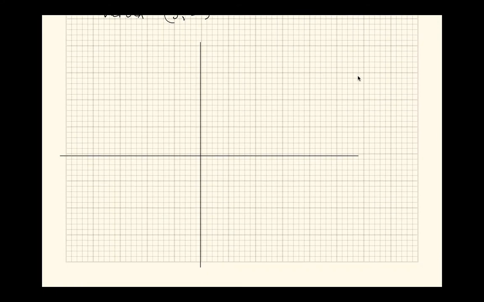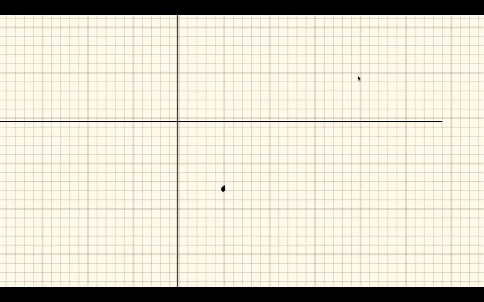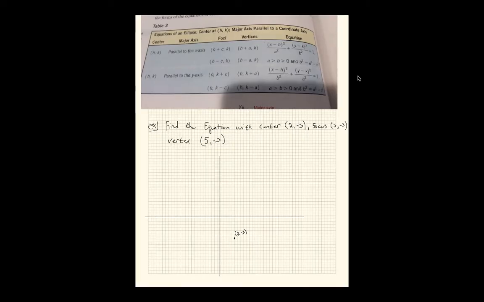So it says we have a center at (2, -3). Right there, it's my center, (2, -3). It also tells me I have a focus at (3, -3).